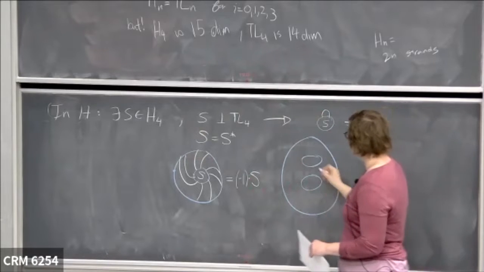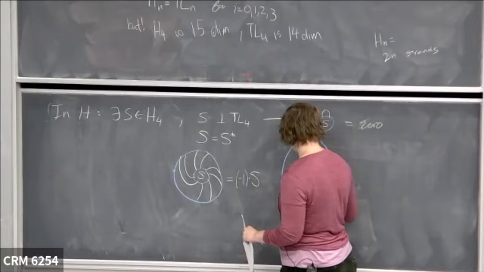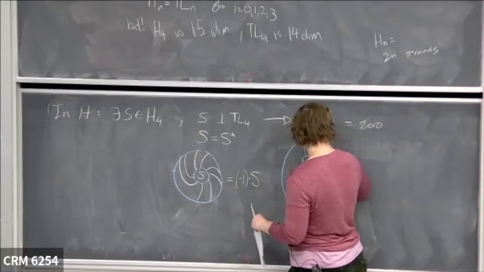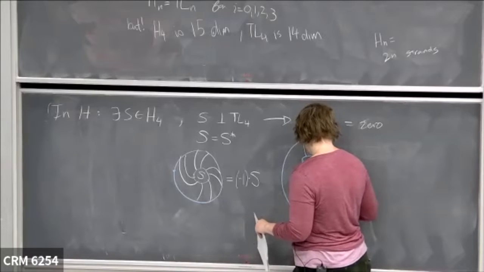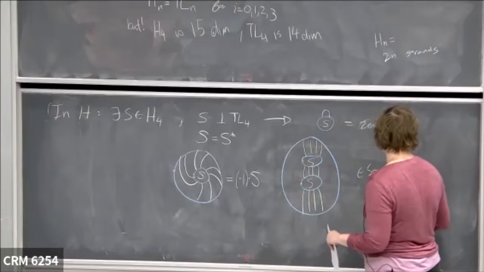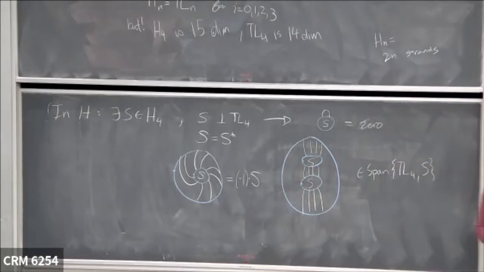So if we took two copies of this new thing S and multiplied them together, then we would still be in the span of TL4 and S. And more than that, we can actually work out the details of what this relation should be, but for the sake of what's coming later, I don't really need more than this.